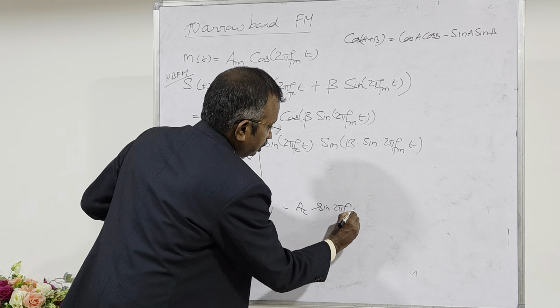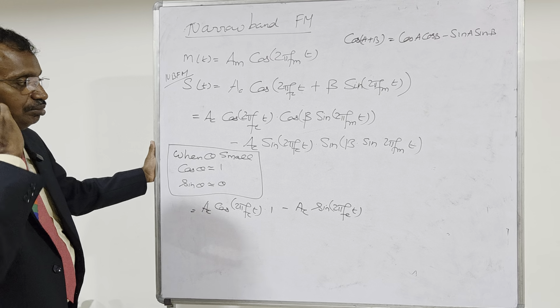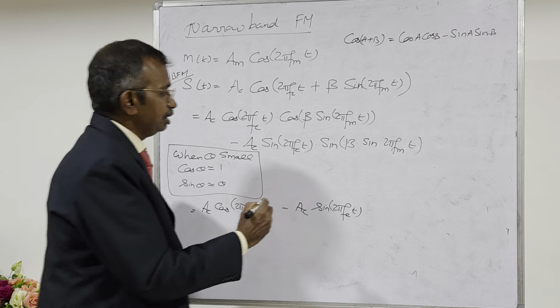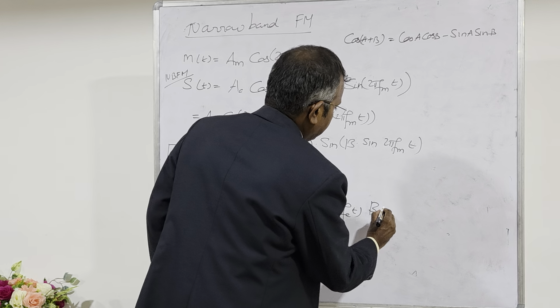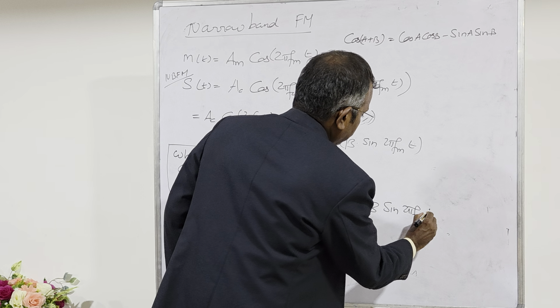When beta is small, sin theta becomes theta, so I can write this as beta sin 2 pi fm t.